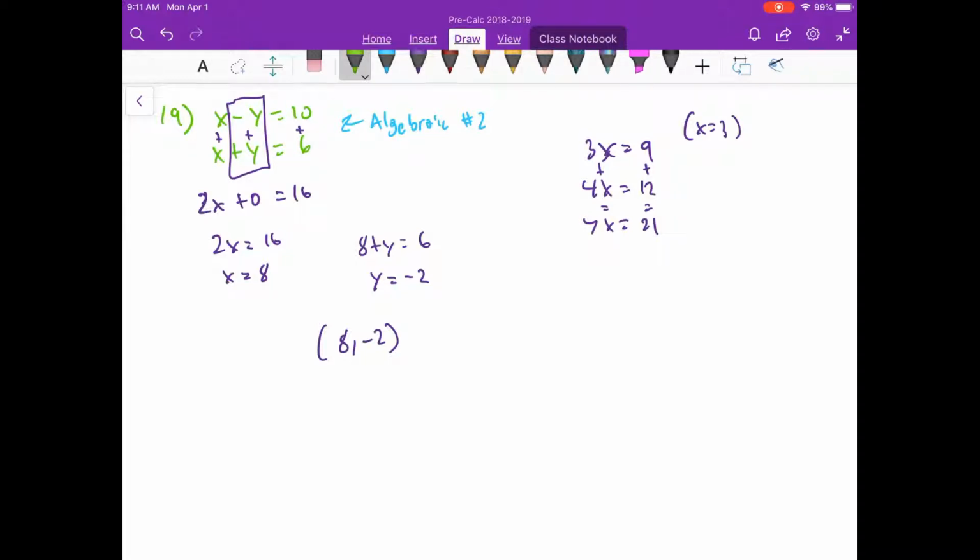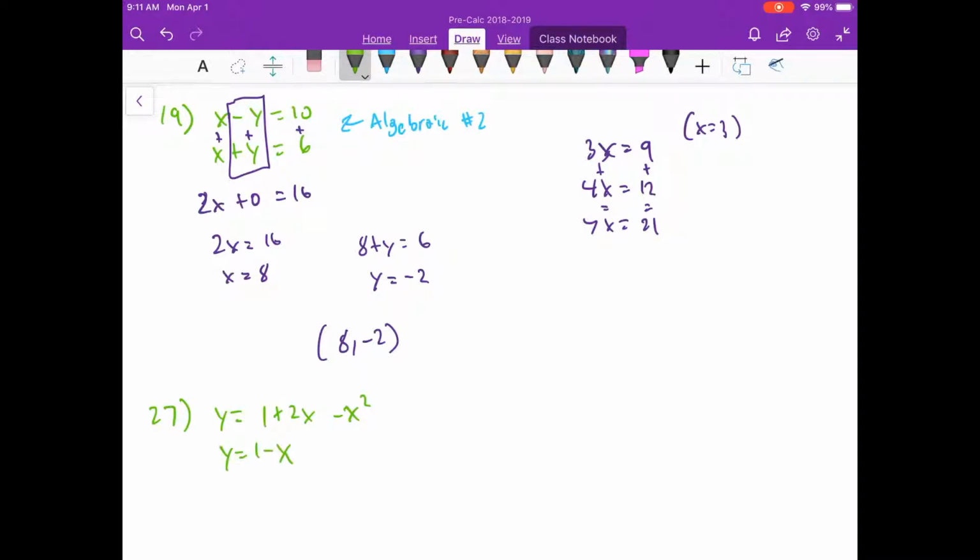The last problem we're working on here today is number 27. Number 27 asks us to use the graph to estimate the solutions of the system. So we have y equals 1 plus 2x minus x squared, and then y equals 1 minus x.